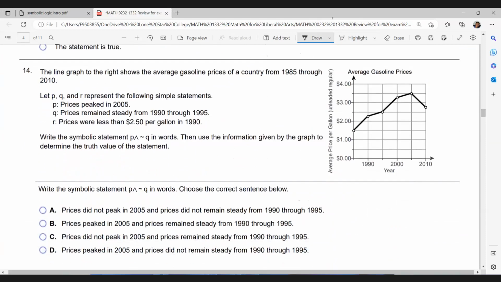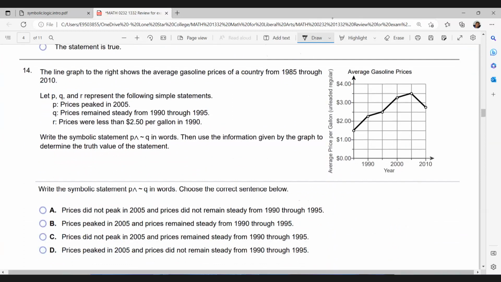Let's see. The line graph to the right shows the average gasoline prices for a country from 1985 through 2010. Let P, Q, and R represent the following statements. P, prices peaked in 2005.